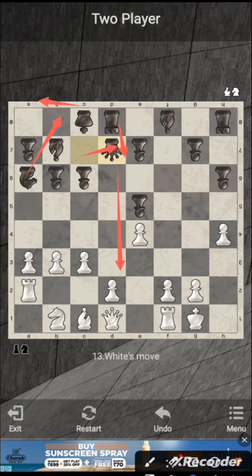So this is one scenario of checkmate. Check is represented with a plus sign, checkmate is represented with a hash. Now let us play further.